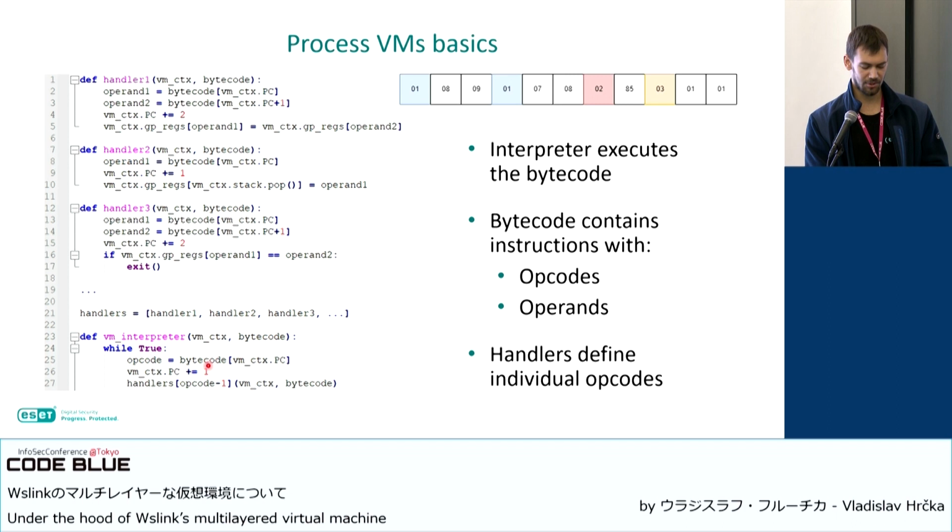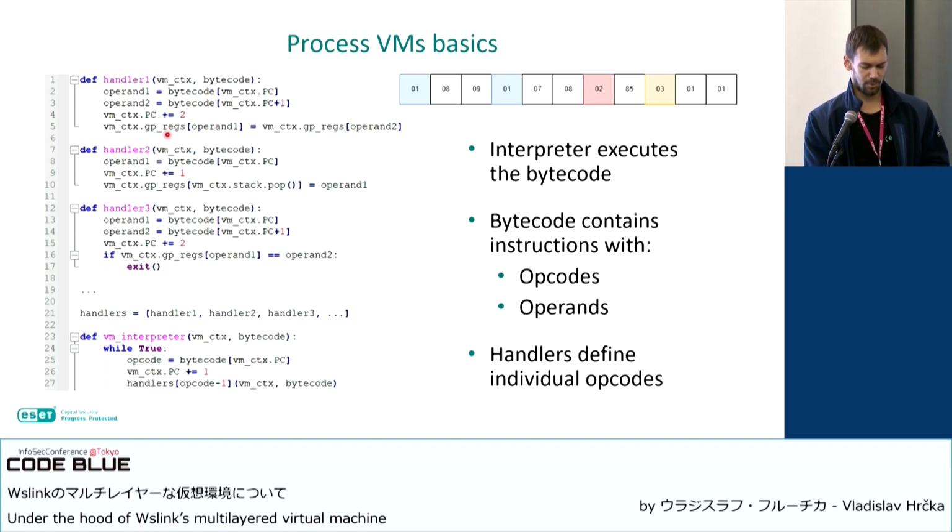After that, we increase that and execute one of the handlers. And this can be actually performed in multiple ways. This is called direct call threading, because we store all the handlers in this table, and depending on the value of opcode, execute the particular one that is supposed to be executed.